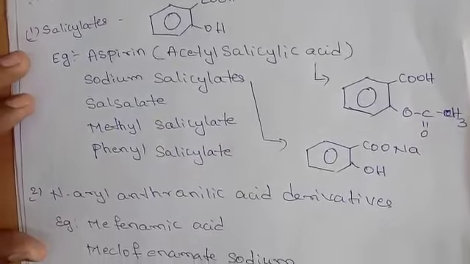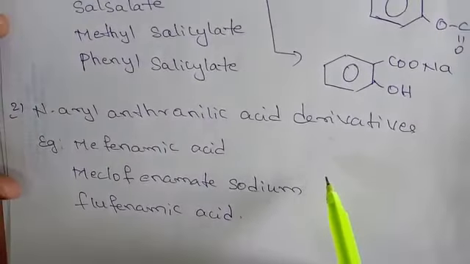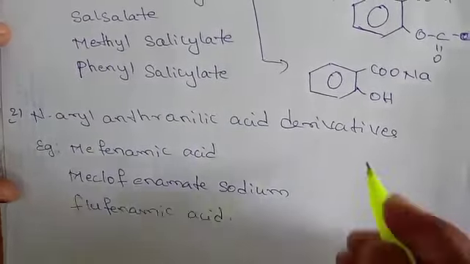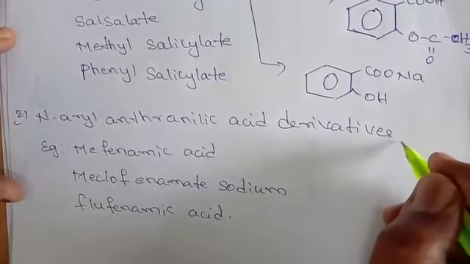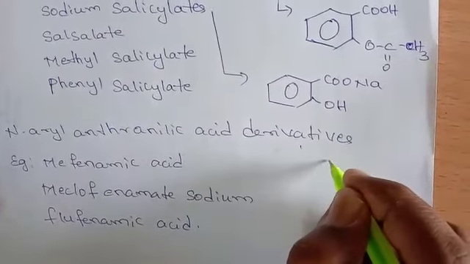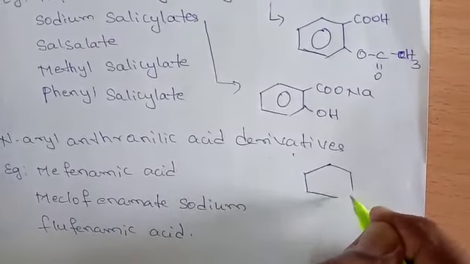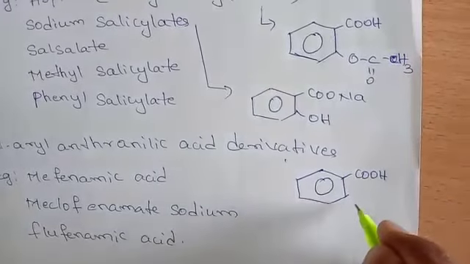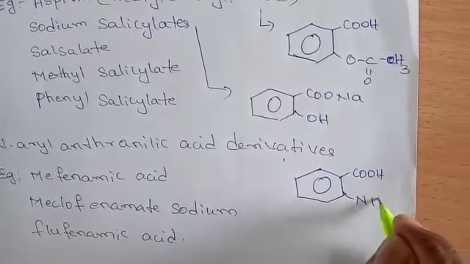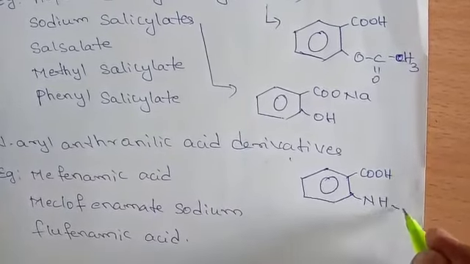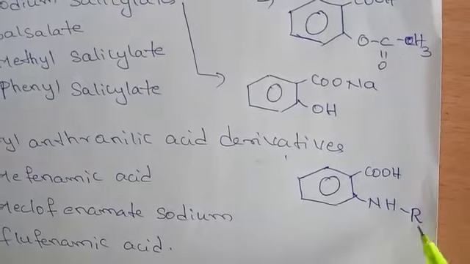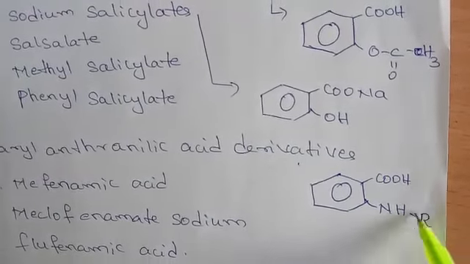Next, we come to the next class, that is N-aryl anthranilic acid derivatives. The basic structure for this anthranilic acid contains a carboxylic acid group and also an amino group. In this amino group, one of the hydrogens is replaced by either an alkyl group or an aryl group.